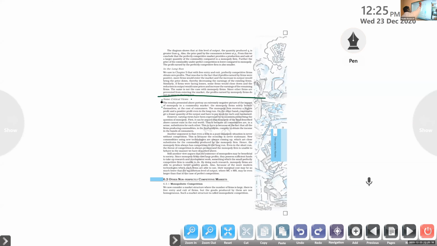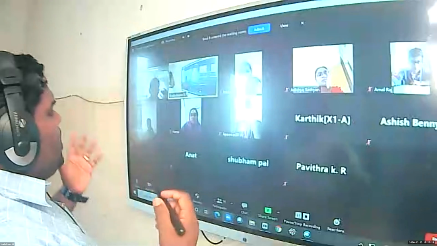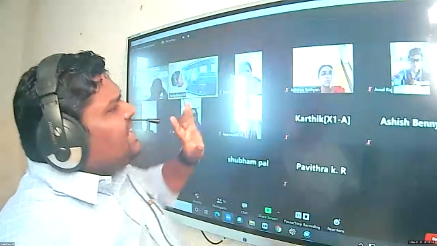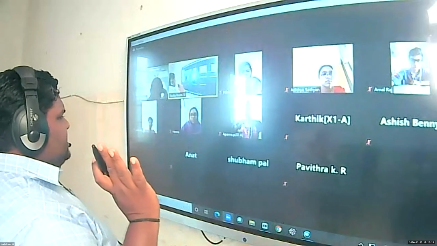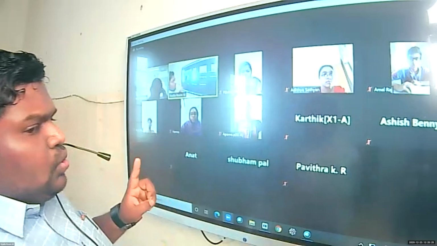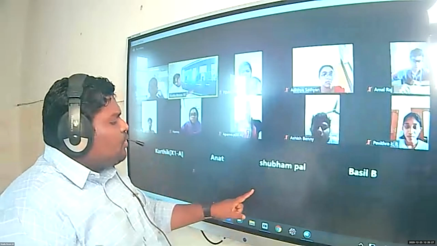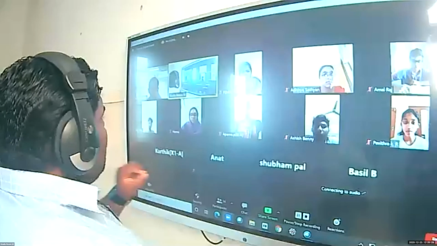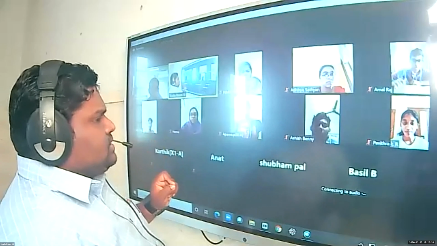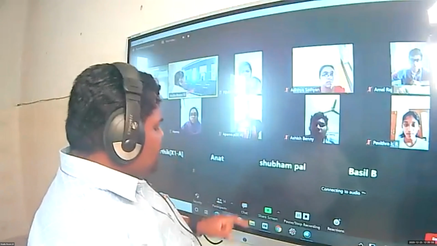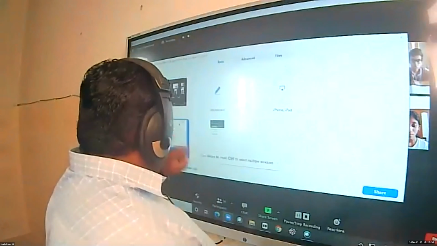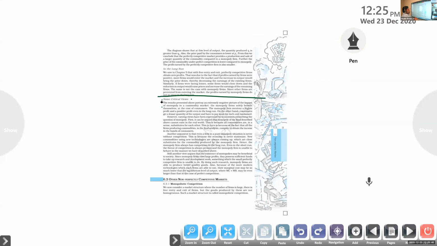Is that clear? So in monopoly, the firm will always try to increase profit. The idea is clear, right? Always they will do that, but it will create a problem for the consumers. It is not at all positive to the consumers, right? The firms will produce the product and fix the supply to the market, then they will fix the price also.